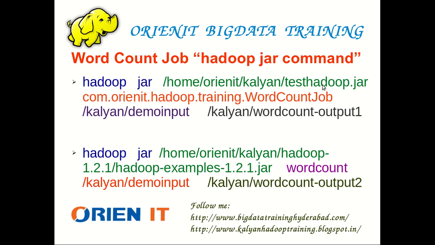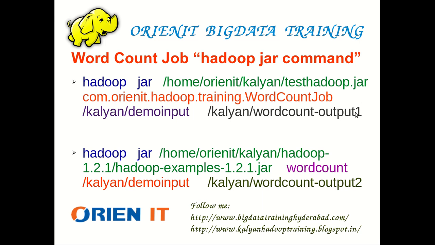Maybe this jar contains one main class of the job, com.orienit.hadoop.training.work-on-job. This is my entire package along with the class name for the main class. And after that I'll be expecting to pass one input file from HDFS, inside the Kalyan folder, demo input, and the expected output folder is inside the Kalyan folder, word count output 1.